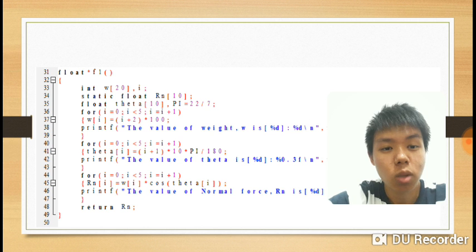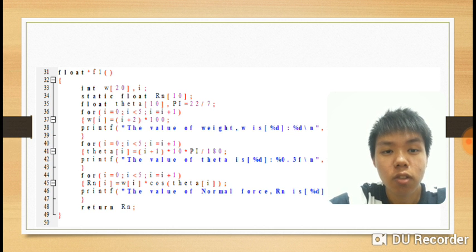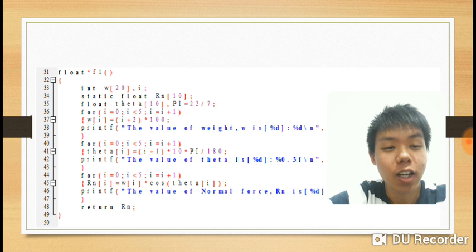In this function, I have 3 loops. The first loop prints the value of weight, the second prints the value of theta, and the third prints the value of normal force. For these loops, the increment is until 5, so it starts from 0 until 5.